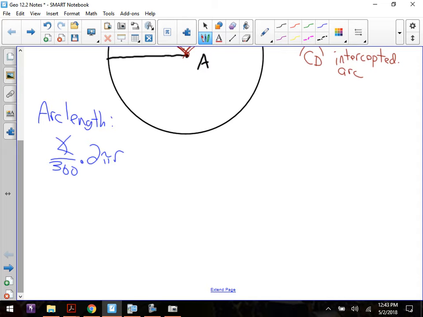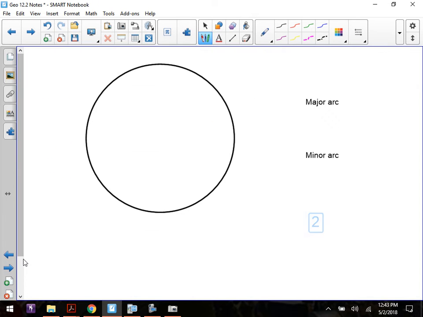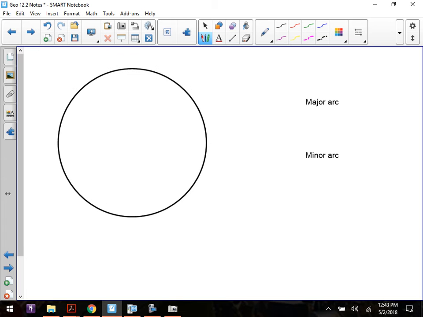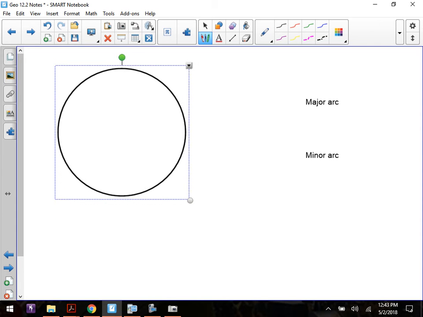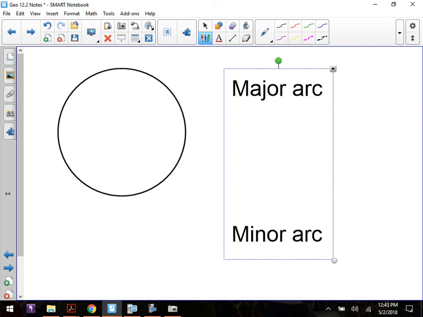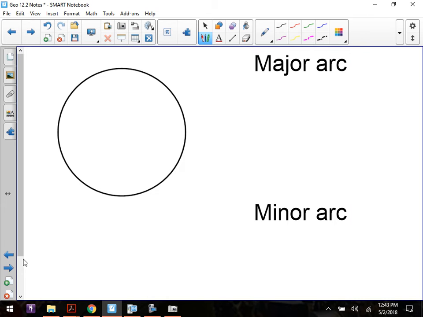When you're dealing with the relationship between arcs and chords, they also bring up major and minor arcs, which we defined a couple of weeks ago. How would you define major versus minor arc?